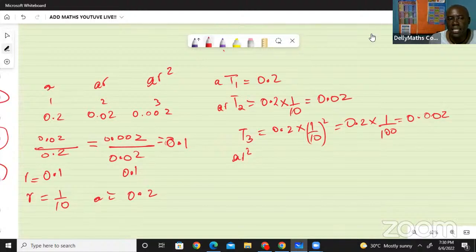So you're seeing here that this is taking the form of a geometric series because we're looking at a, which is our first term, ar second term, ar squared, and we're seeing that. So on this, we could say it is a geometric series because the nth term can be found by saying a r to the n minus 1, because you're seeing where for the third term, the ratio was squared.